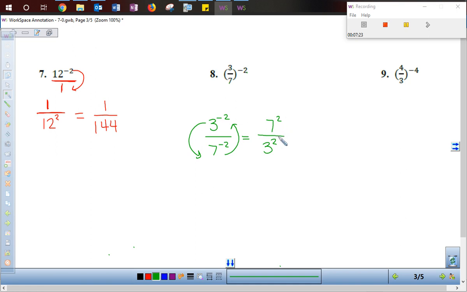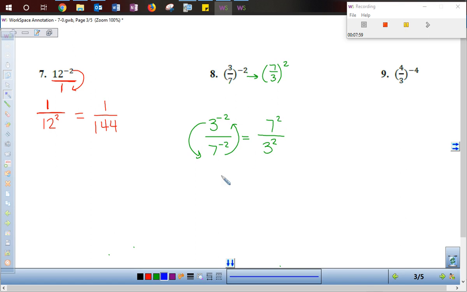But if we notice, it's really saying 7 squared over 3 squared, which is kind of like the reciprocal of this guy. So to make this a little simpler, whenever you have a fraction in parentheses being raised to a negative exponent, you can just reciprocate that fraction and make it a positive 7 over 3, and then your exponent can become positive.